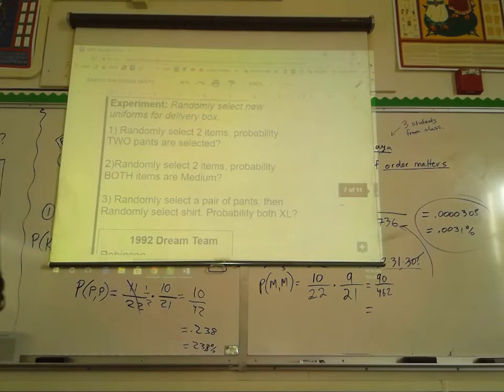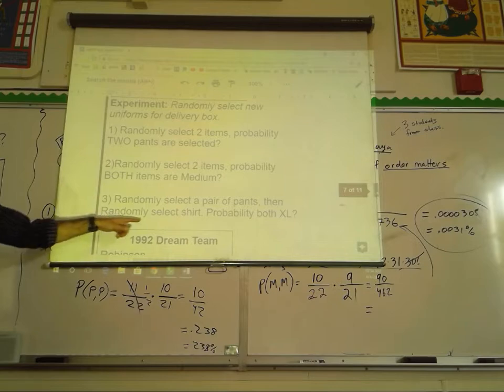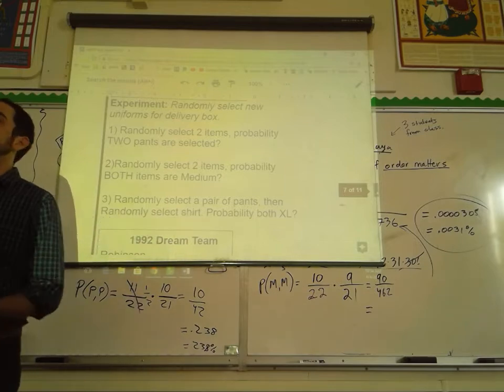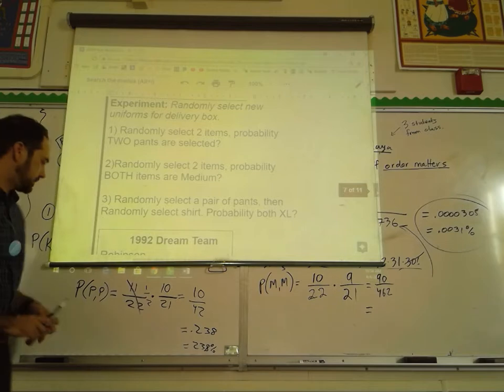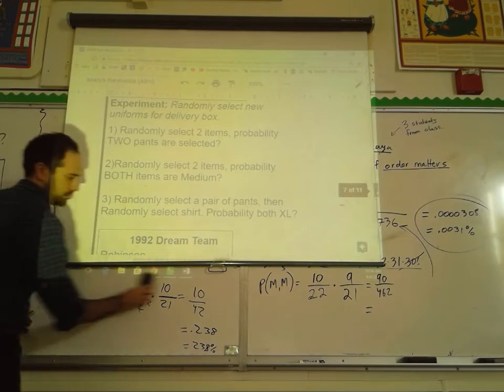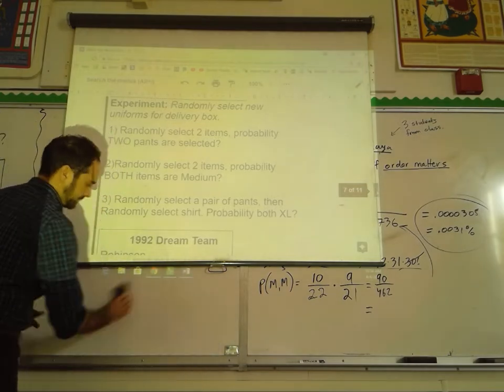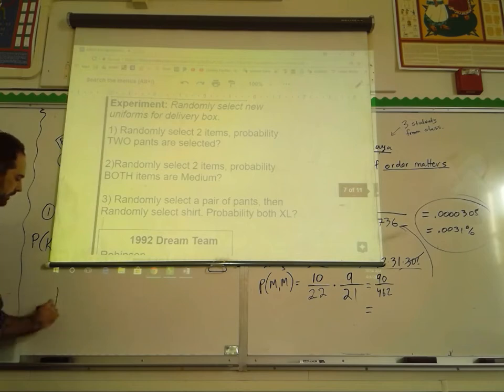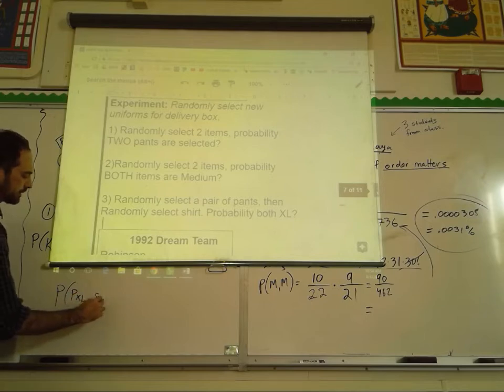Number 3, randomly select a pair of pants, then randomly select a shirt. What's the probability that they're both extra large? Probability of pants extra large, shirt extra large.